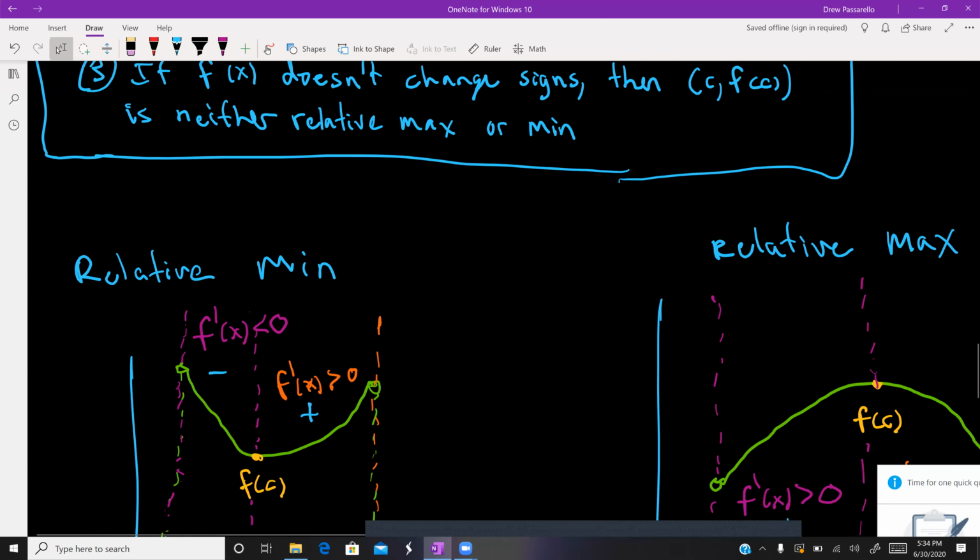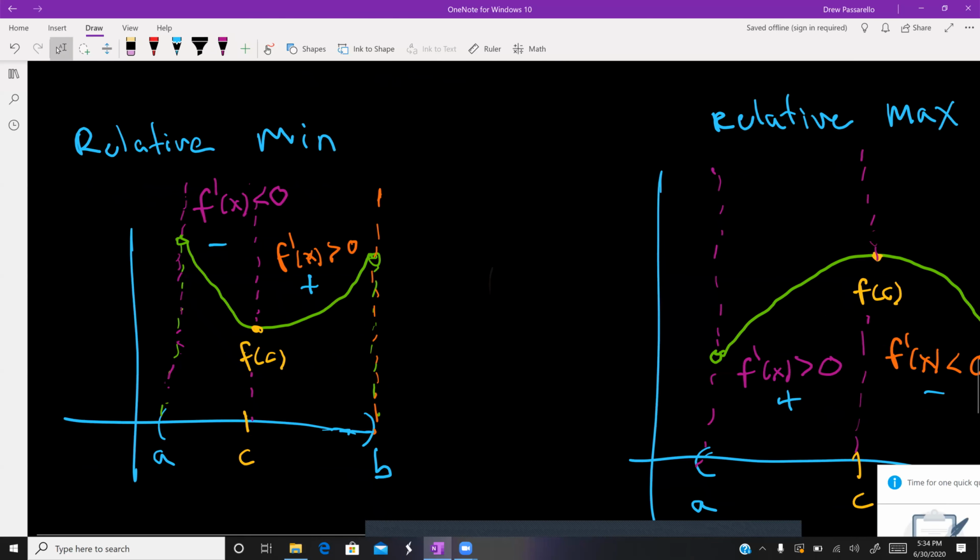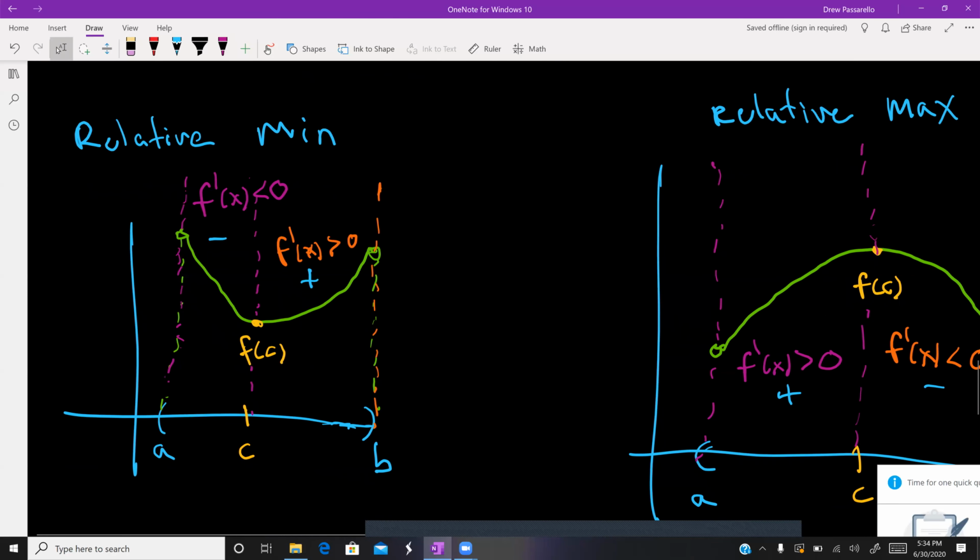Okay, so here's a picture. The one on the left represents a relative min, and we have this open interval a, b. In this case, it's a relative min because to the left of c, the function's decreasing, and that means its first derivative is negative, or less than 0.